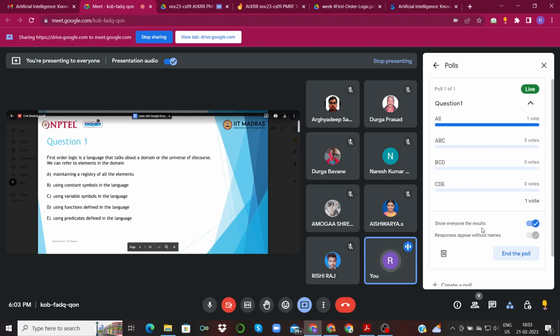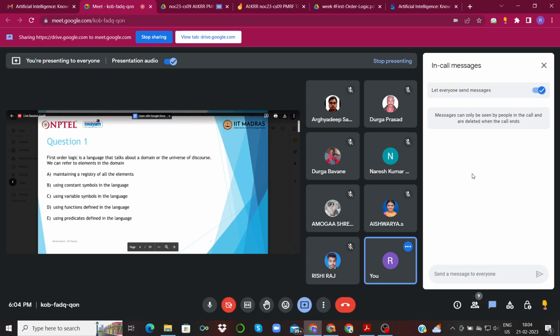Okay, so we have one vote for all options. Any other differing opinions? Remember, we are talking about the domain of first order logic. Okay, would anyone like to explain their thought process?